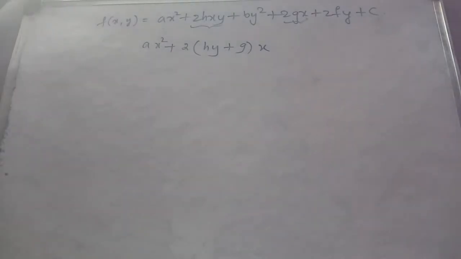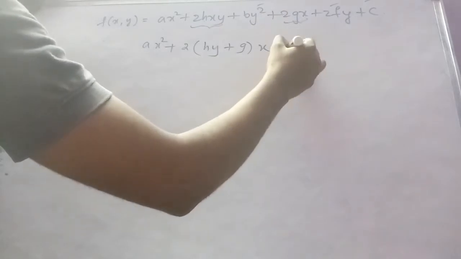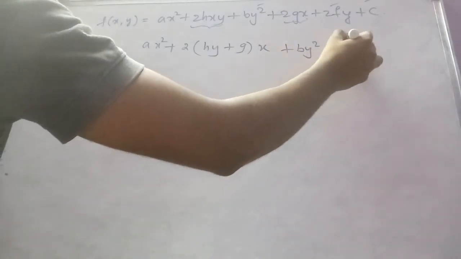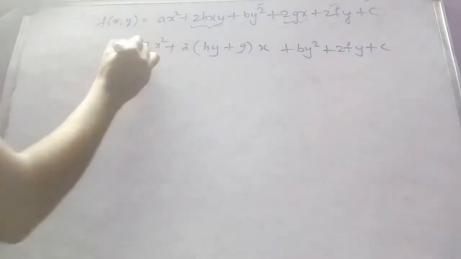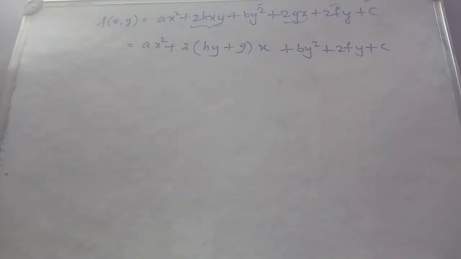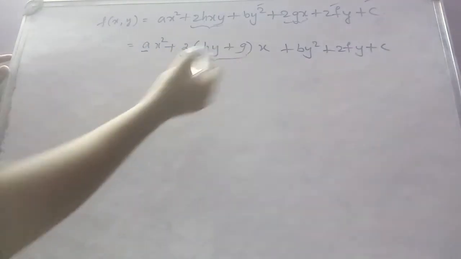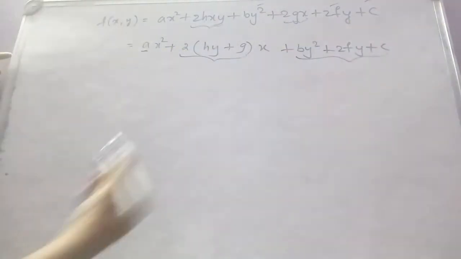So plus 2 times hy plus g into x, and all the remaining or plus by square plus 2fy plus c. So I have converted this into a quadratic equation of variable x. Then this is the coefficient of x square, and this is the coefficient of x, and this is the constant.